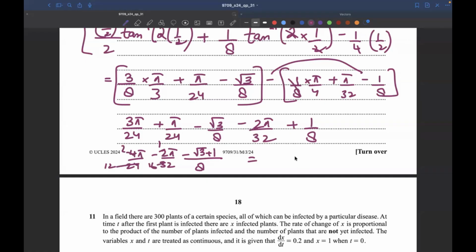The LCM of 12 and 16 is 48. This will multiply by 4, so that will become 8 pi, minus this will multiply by 3, so that will become 6 pi, and this will remain 1 upon 8 minus root 3 upon 8. So that will become 2 pi upon 48, which we can write as pi upon 24 as well. So that will be our final answer.